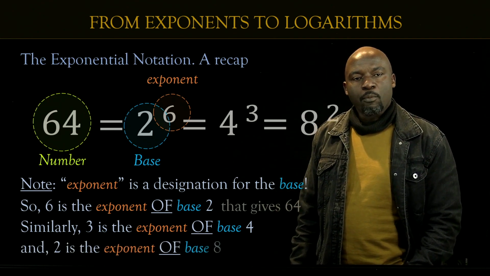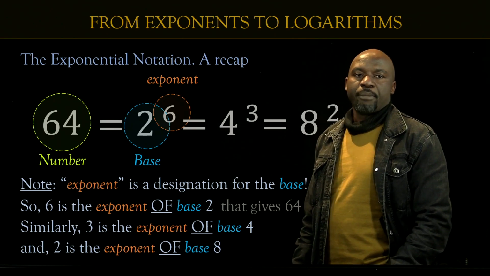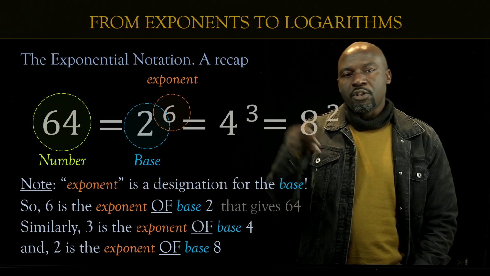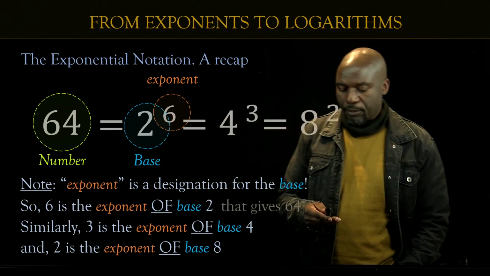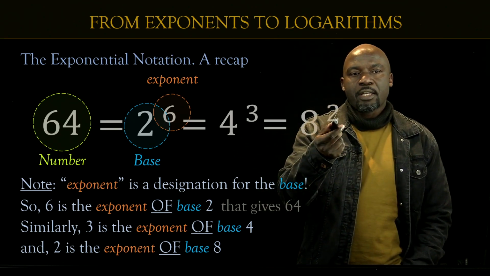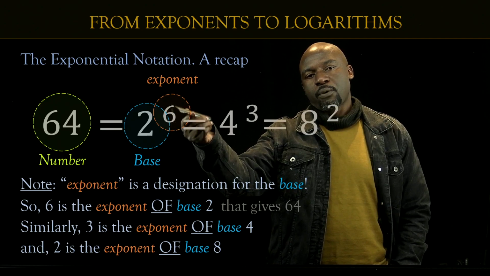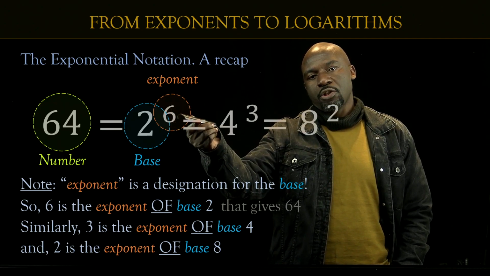Also, in the same way, we can say that 2 is the exponent of the base 8 that will result in a value of 64. This is important, that we refer to the 2, the 3, and the 6 as properties or designations of the base. Okay?